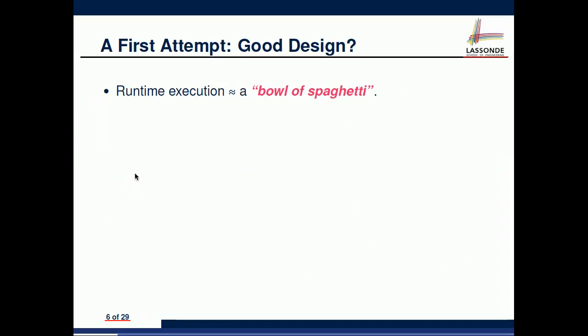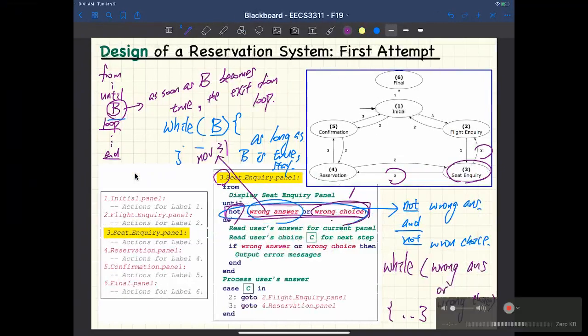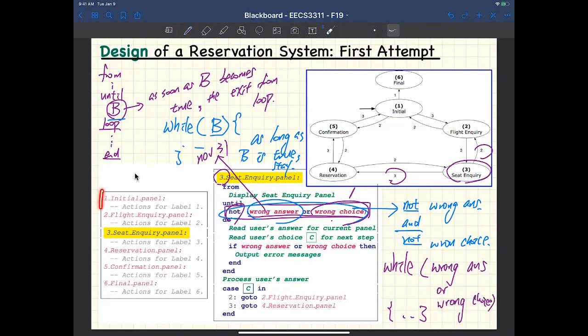Spaghetti code simply means at the runtime, if you start with this particular state, you'll keep jumping from 1 to 3, 3 to 6, 6 back to 5, 5 to 6, back to 4, and then go to 6, and go to 3, go to 1, etc. It's like a spaghetti, isn't it? Well, that's why people call that.